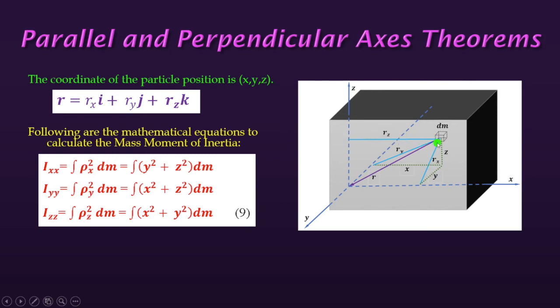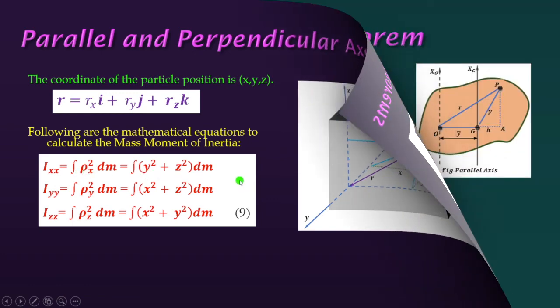The distance from the x axis is rx, the distance from the z axis is rz, the distance from the y axis is ry. Then it forms a right angle triangle here, indicating rx square equals z square plus y square, and similarly ry square equals x square plus z square, and so on. So we get Ix equals this, equals this.